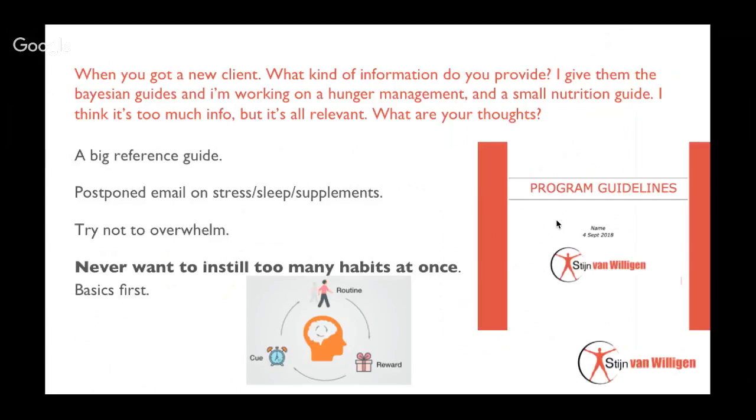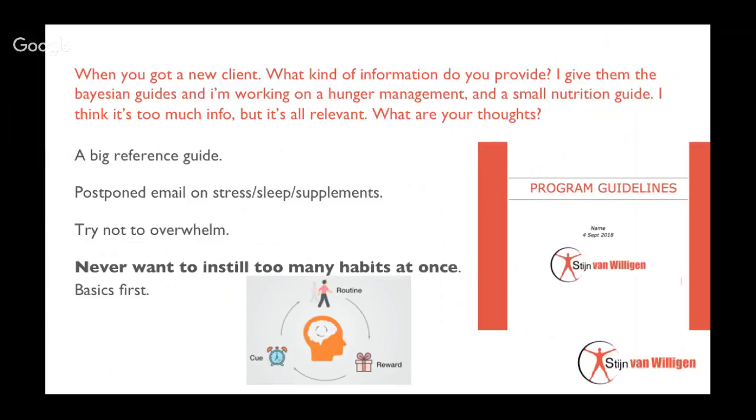What are your thoughts? Well, I think there should be a master document that they should always be able to refer to. For example, what I send them is the program guidelines. This is based on some of Henselmans' methods.